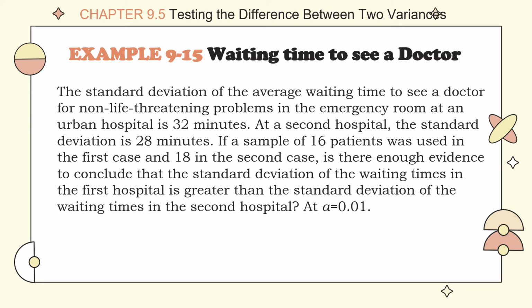At a second hospital, the standard deviation is 28 minutes. If a sample of 16 patients was used in the first case and 18 in the second case, is there enough evidence to conclude that the standard deviation of the waiting times in the first hospital is greater than the standard deviation of the waiting times in the second hospital at alpha 0.01?